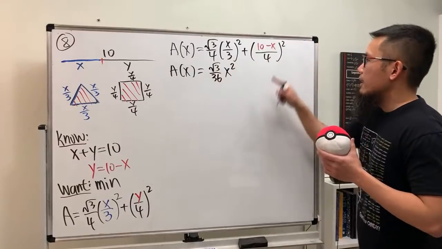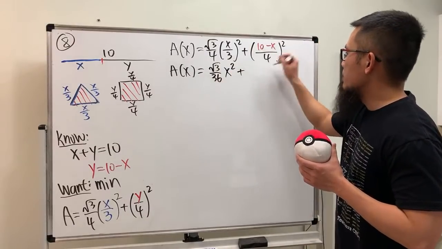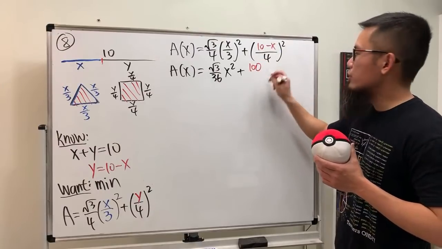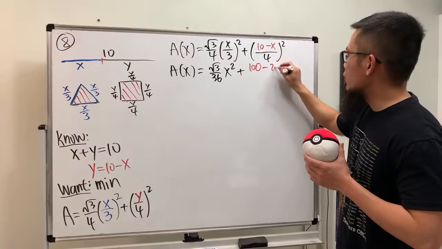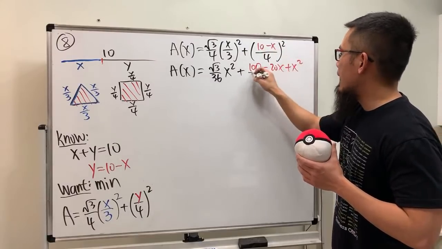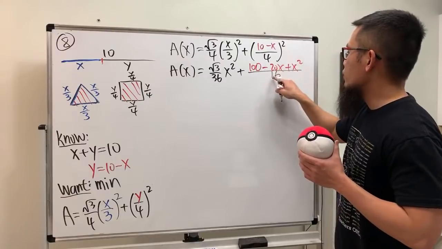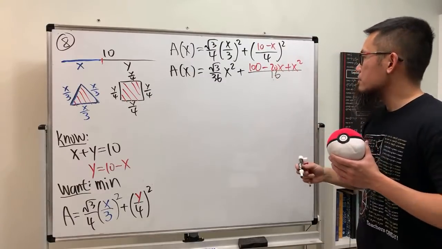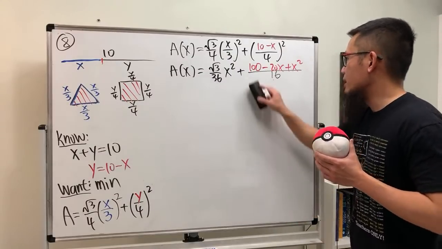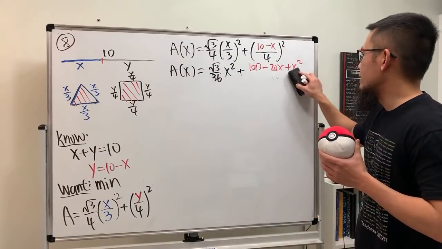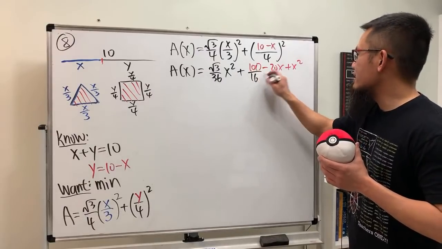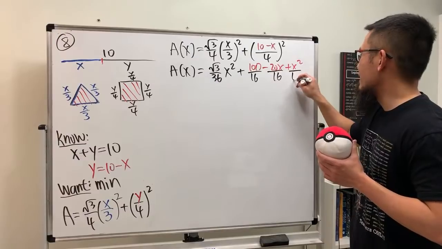Plus, multiply on the top, we get 10 squared, which is 100, minus 2 times this and that, which is 20x, and then plus x squared, all divided by 4 squared, which is 16. Perhaps let's just divide everybody by 16 right here to save some space.